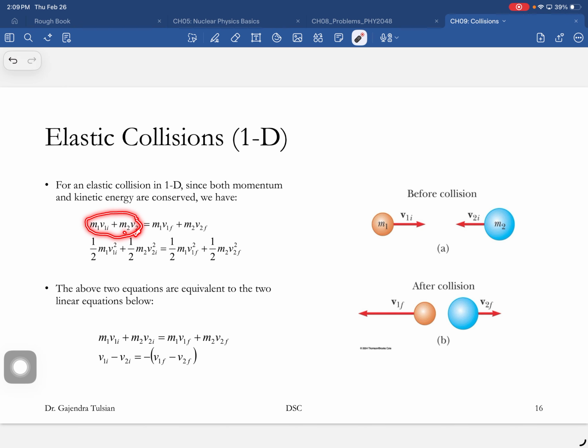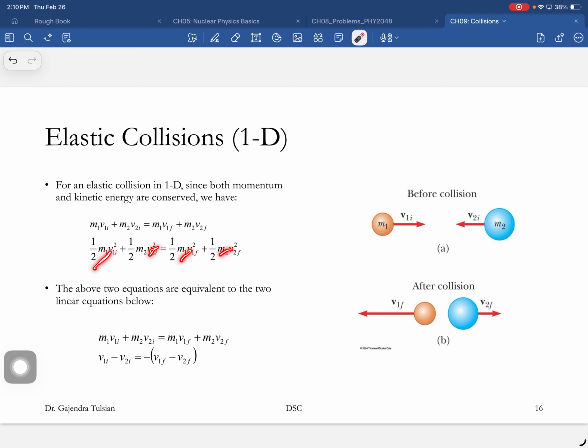So initial momentum is equal to final momentum. And since this is an elastic collision, kinetic energy is conserved. Initial kinetic energy is equal to final kinetic energy.